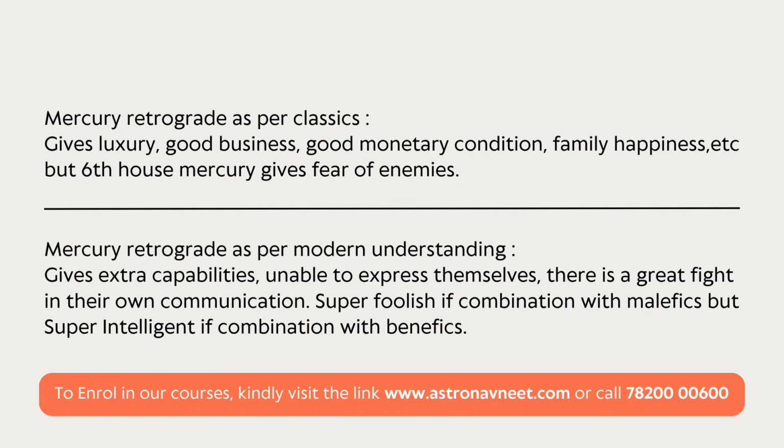It can give you ability to speak a lot, but there are strong chances that you are unable to express yourself. So people who have retrograde Mercury, they may not be able to express their things to close ones. Only very few people they will have in their life जिनको वो express कर सकते हैं.